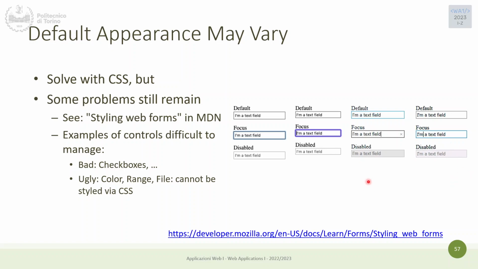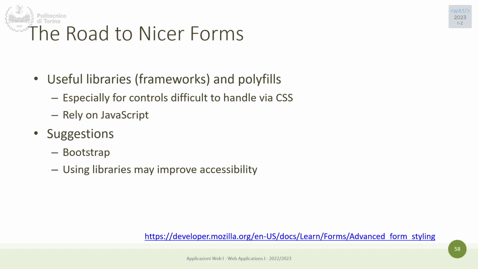So we will try to do our best, but here you can see that they are sometimes slightly different even using CSS. Obviously, as I already said, there are some libraries and frameworks to handle this kind of stuff, and for sure we are going to use Bootstrap in this course, but you can use whatever library you want when you develop in real life.